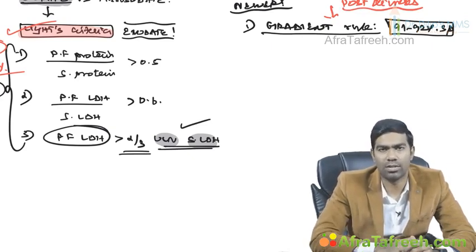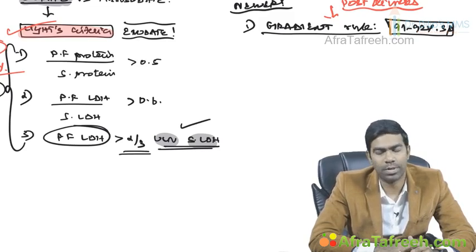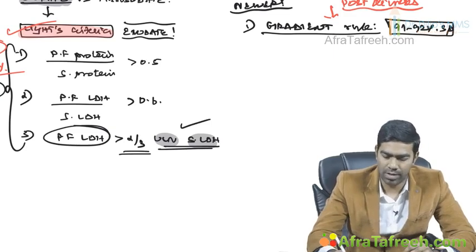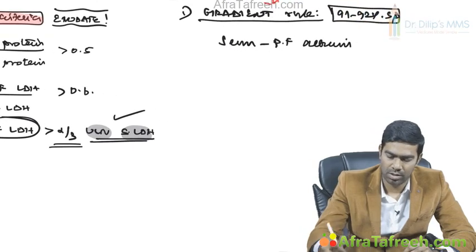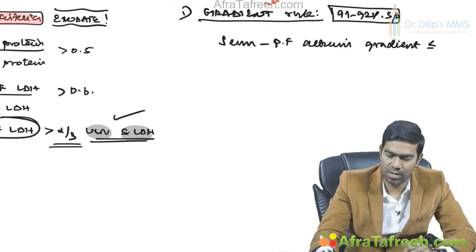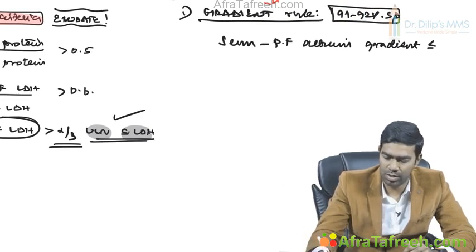I told you after diuresis, the congestive cardiac failure pleural fluid may look like an exudate because of the concentrating effect of diuretics. In those patients, this might be very useful. In this gradient rule, we look at the serum minus pleural fluid albumin gradient. If it's less than or equal to 1.2, it's supposed to be an exudate.